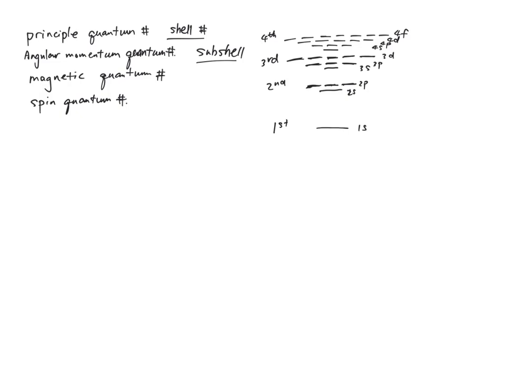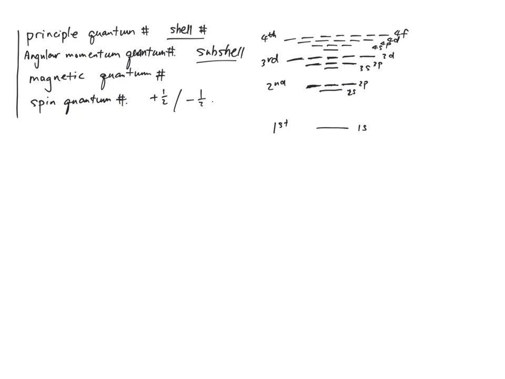So altogether, these four quantum numbers determine that no 2 electrons within the same atom would have the same exact set of quantum numbers. Even if they have the same principal, angular momentum, and magnetic quantum numbers and end up in the same degenerate orbital, they would have different spin quantum numbers, either plus 1/2 or negative 1/2.